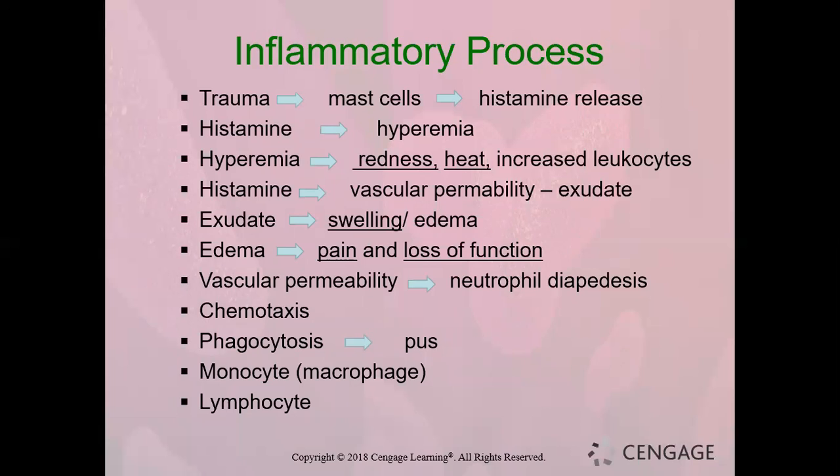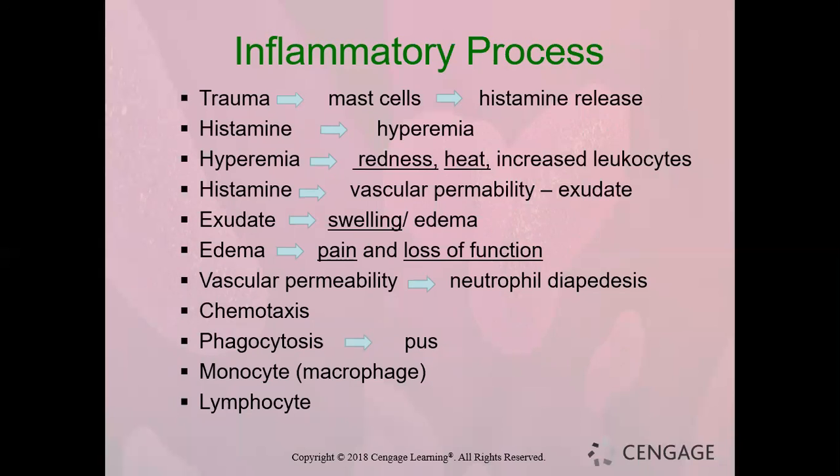And then we can get hyperemia, which causes redness, heat, and increased leukocytosis, which are leukocytes, our white blood cells. Again, histamine increases our vascular permeability, which increases exudate, which is just that pussy stuff.